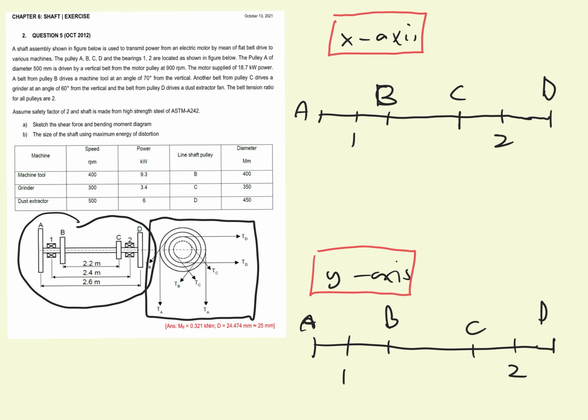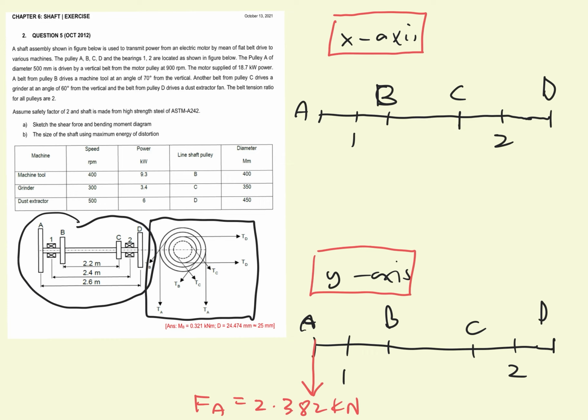So this is pulley A here for the y-axis, so there will be a force here, Fa equal to 2.382 kilonewton. But for the x-axis there is no force, because the total force acting at pulley A is only on the y-axis.